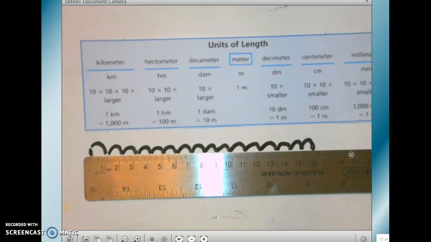There are 160 millimeters in 16 centimeters. So I converted from centimeters to millimeters by knowing that there are 10 millimeters inside each of these. So you can convert from centimeters to millimeters.